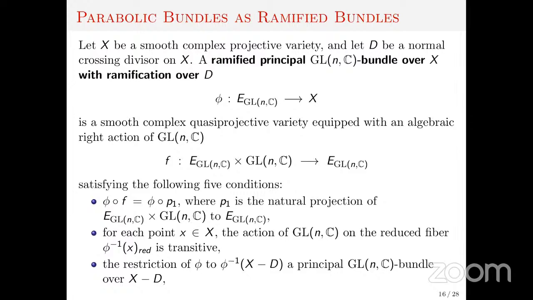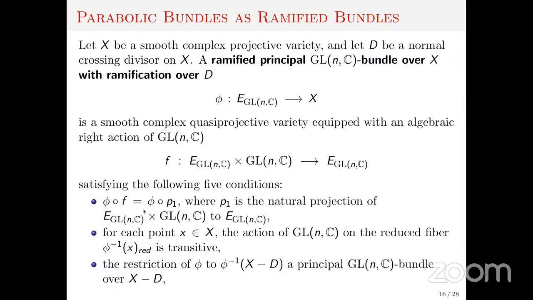So on a smooth complex projective variety X with a normal crossing divisor D, a ramified principal GL_N(C) bundle with ramification over D is a smooth complex quasi-projective variety E_GL_N(C). So the total space, called E_GL_N(C), has an algebraic right action of the general linear group, which satisfies these 5 conditions.